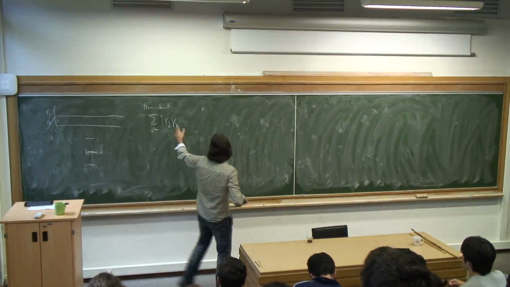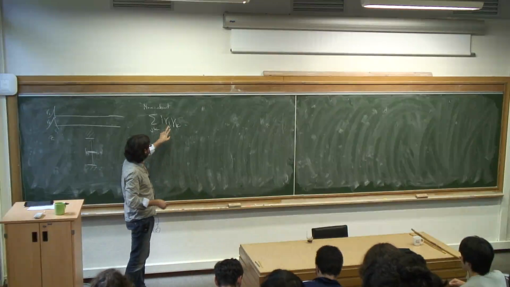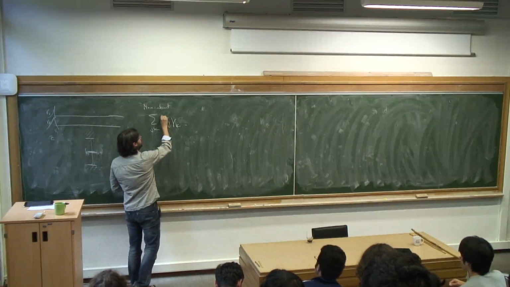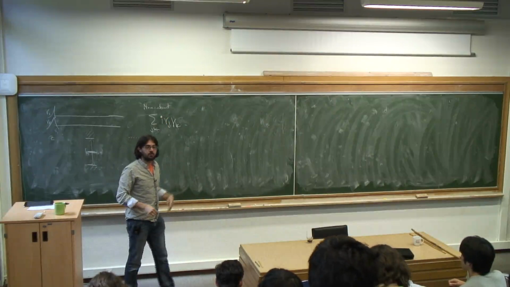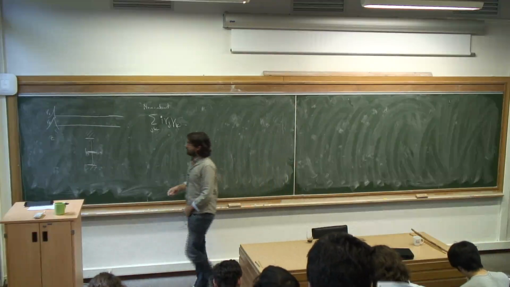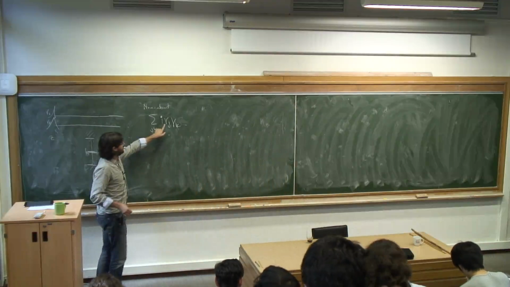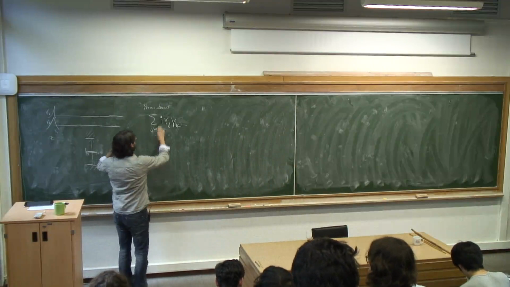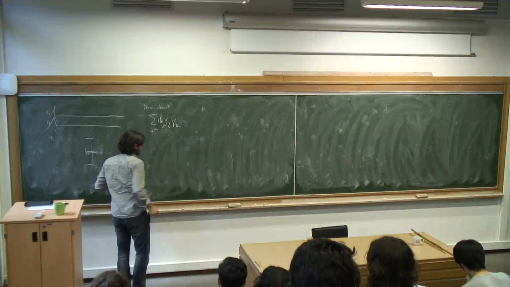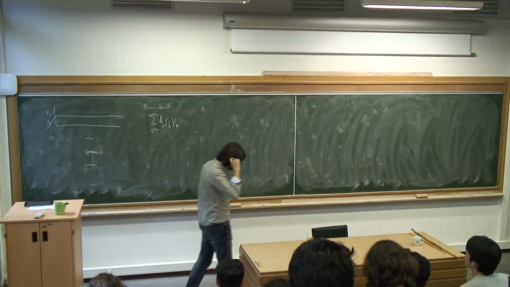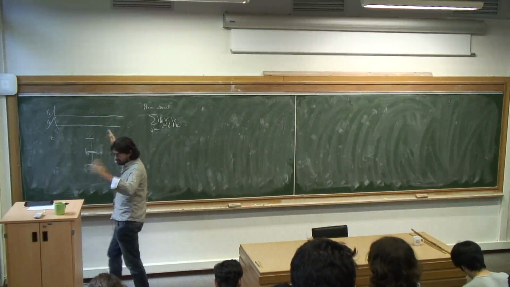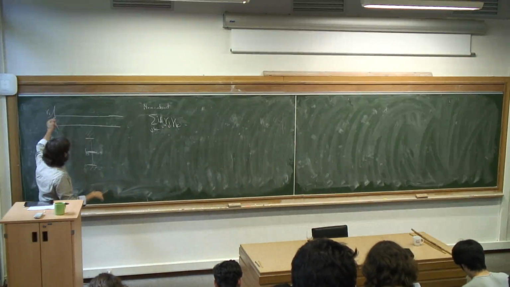I could put different hybridization between them, but I choose to keep this hybridization at the same value equal to 1 in some units. Obviously, if there's an even number of them, you can think of it as a matrix here. This matrix is antisymmetric, and it's got microscopic details of hybridization.